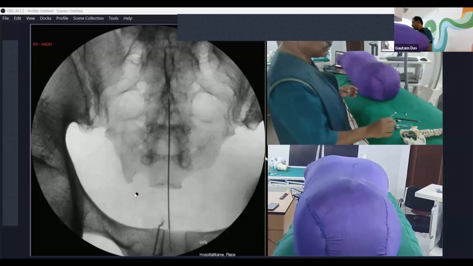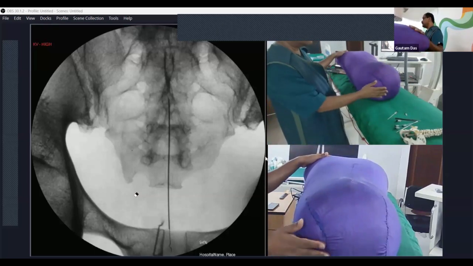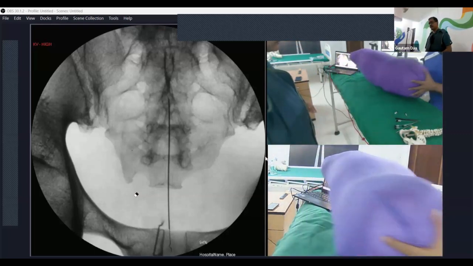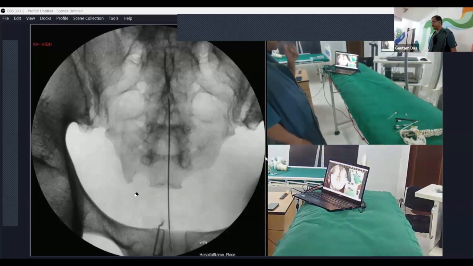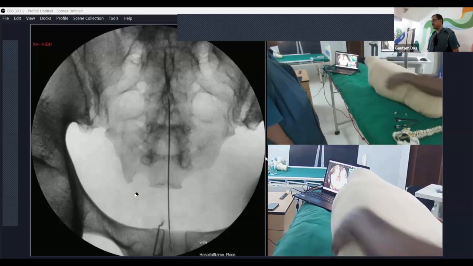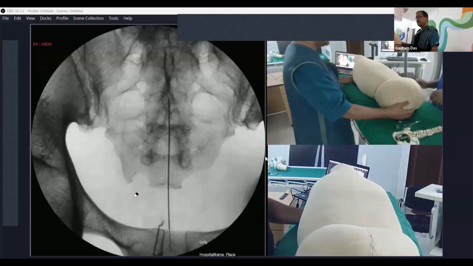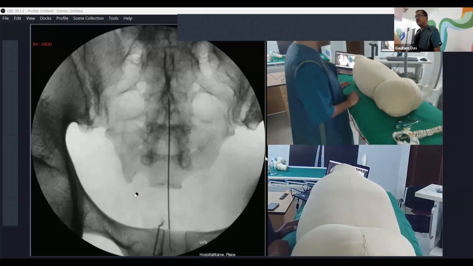Now the last procedure, the celiac plexus block. Picture.